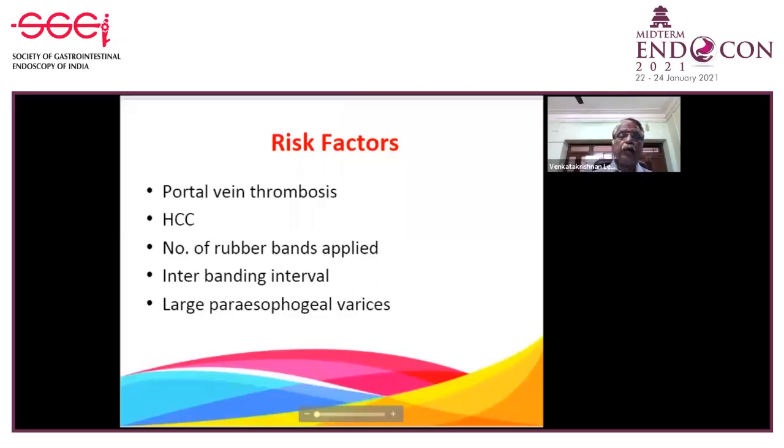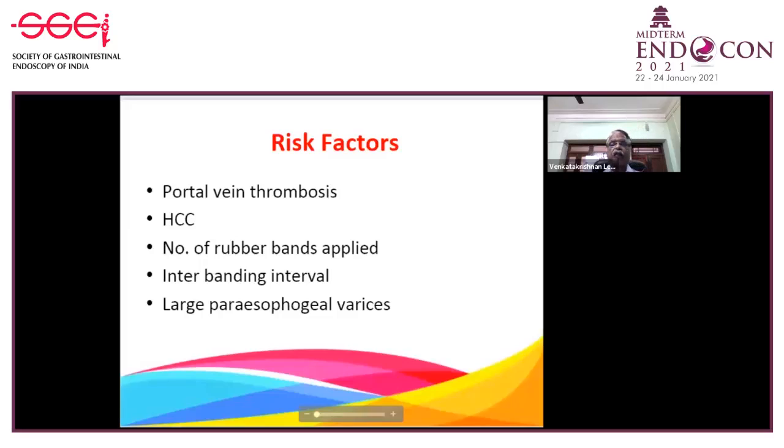About the number of rubber bands applied, it has been shown that post-EVL ulcer bleed is more common in emergency ligation procedures rather than elective ligation procedures. And normally in an emergency procedure, there is a tendency to put in a larger number of bands. If the bands exceed 4.9, or more than 6 bands, it has been shown that there is increased risk of rebleeding.